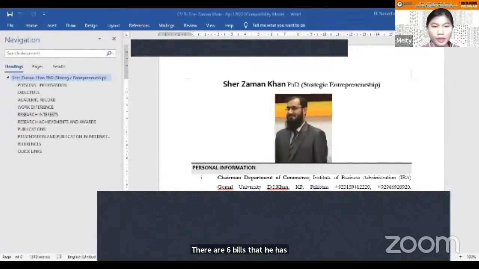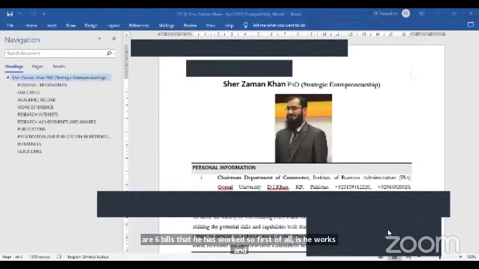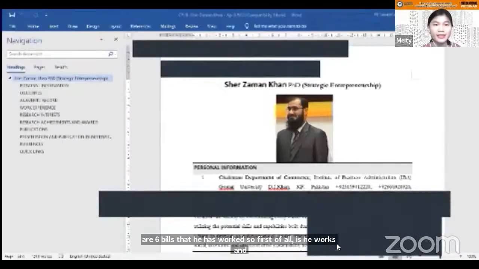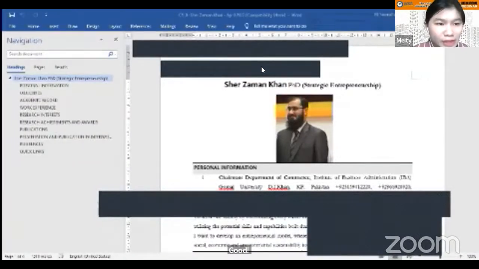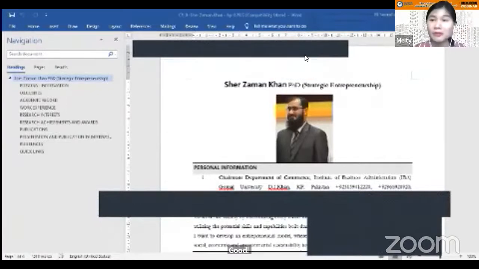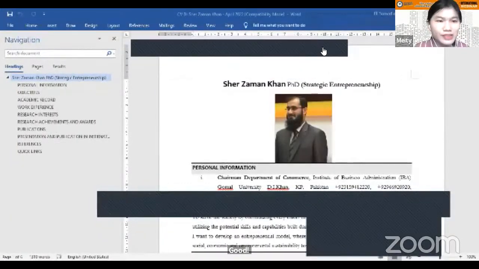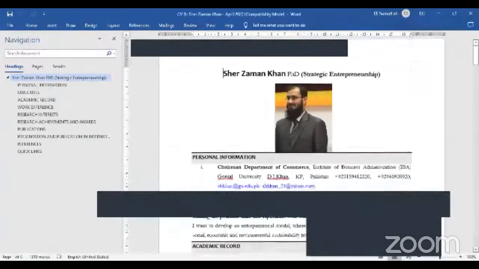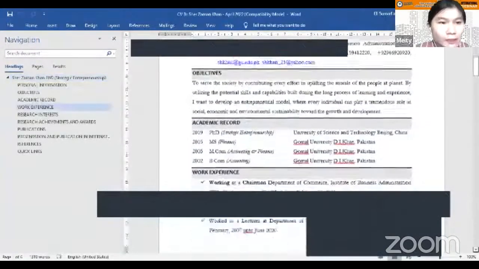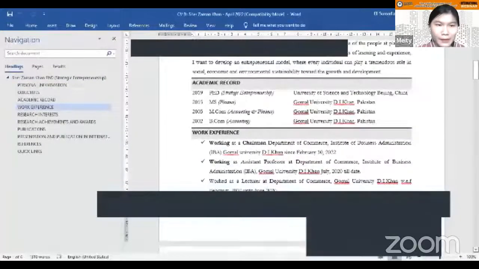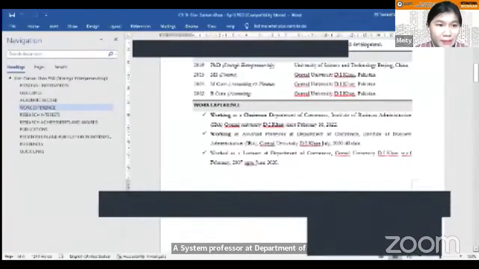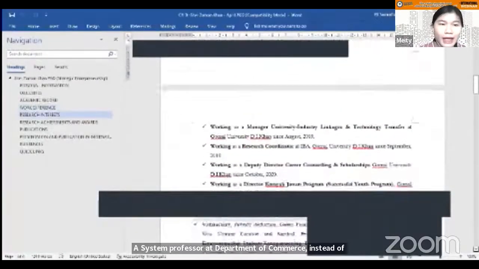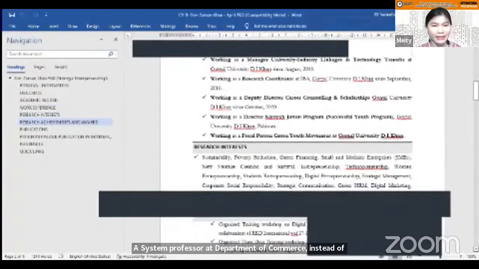First of all, he works as chairman of the Department of Commerce in the Institute of Business Administration at Gomal University from February 10, 2022. And there is a lot of other experience too. The last one, he also became an assistant professor at the Department of Commerce, Institute of Business Administration, from July 2020 till date.